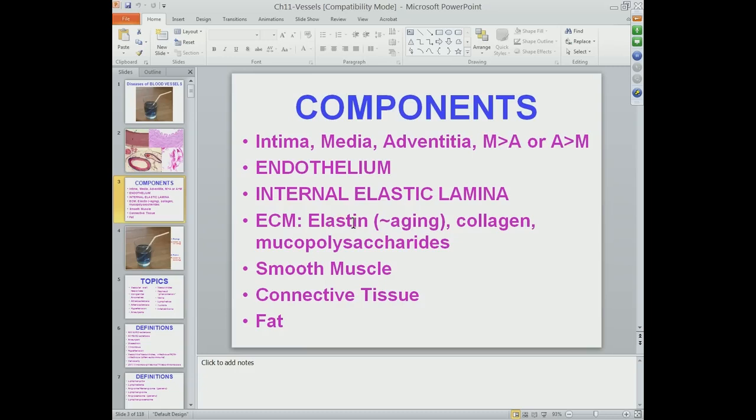In the elastic arteries, it may be just half of it or less than half. But in every artery, you need at least one nice elastic lamina separating the intima from the media. Very often, in most arteries, you have an external elastic lamina also.